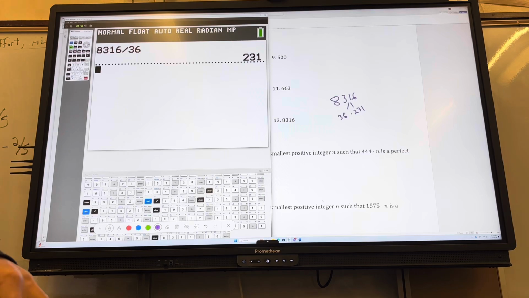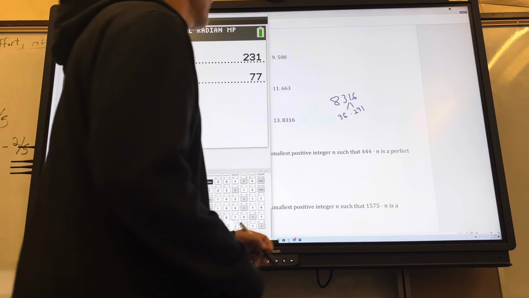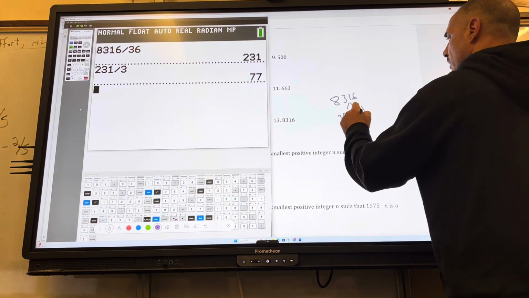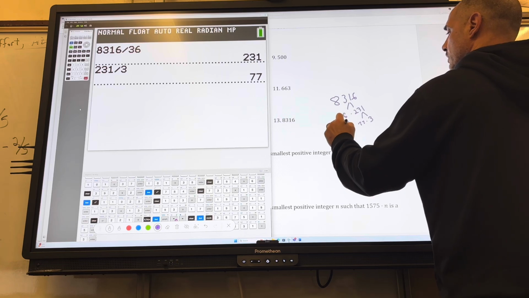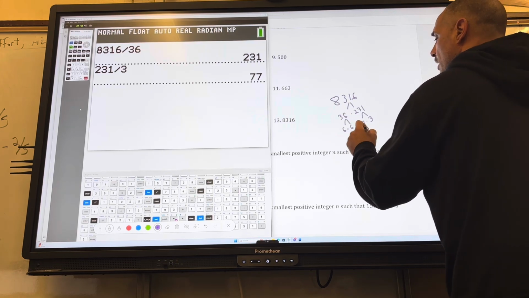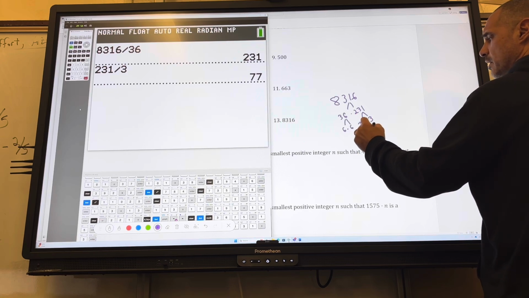Let's try 2 plus 6. 3 goes into 231 for sure. So 231 divided by 3. It's going to be 77. 77 times 3, and 36 is 6 times 6. 77 is going to be 7 times 11.